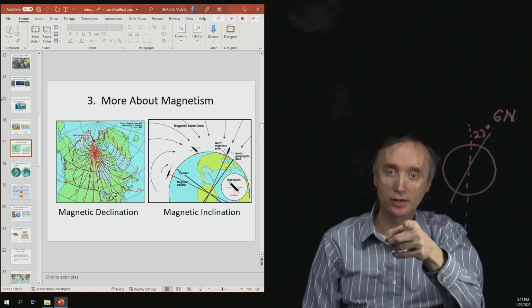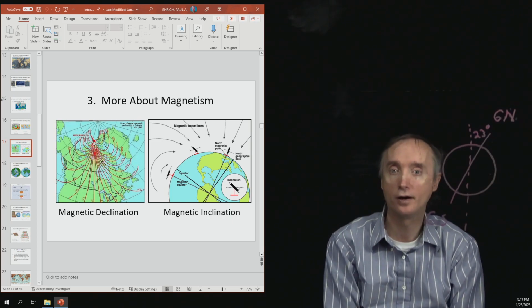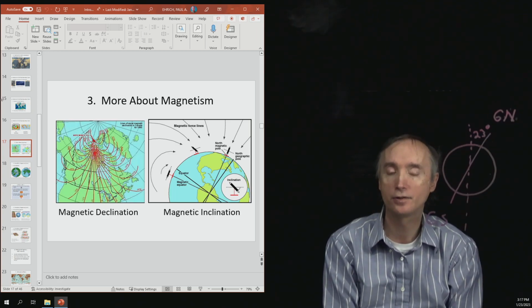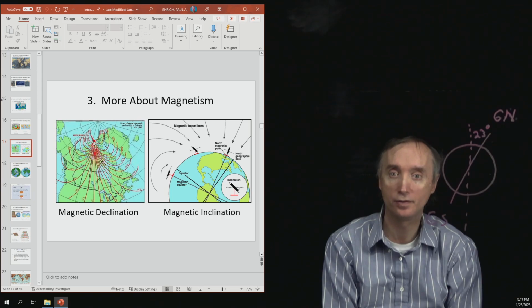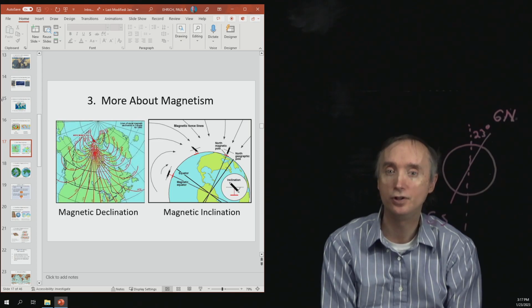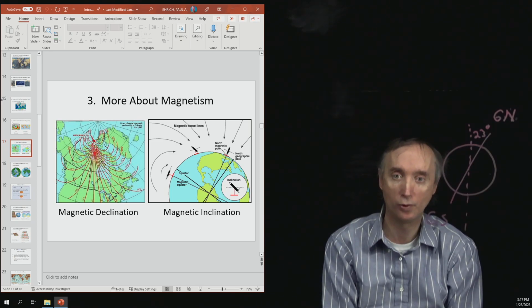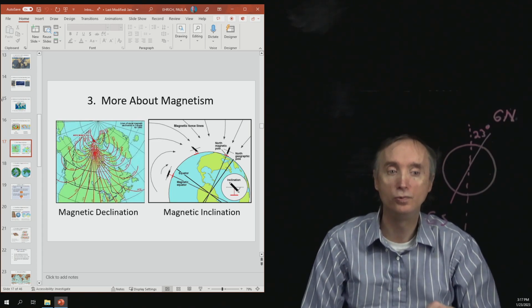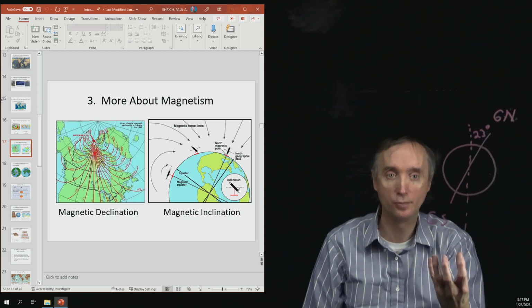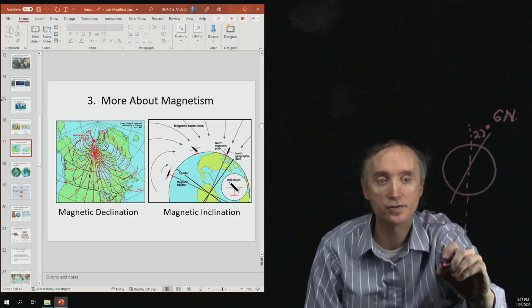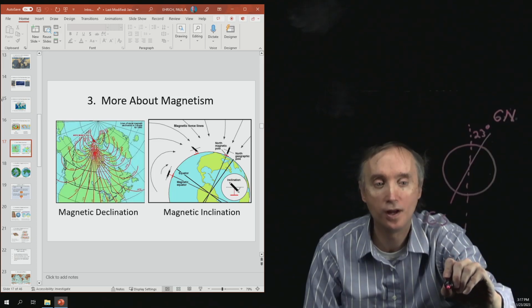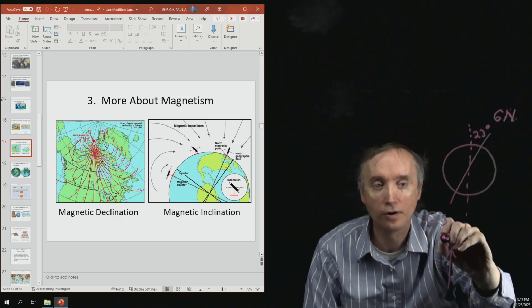So in that first picture, that shows where the magnetic field is coming out of the Earth in the northern hemisphere. Do you notice that if you lived in, let's say, Portland, Oregon, and you took out your compass, it would not point north like this?